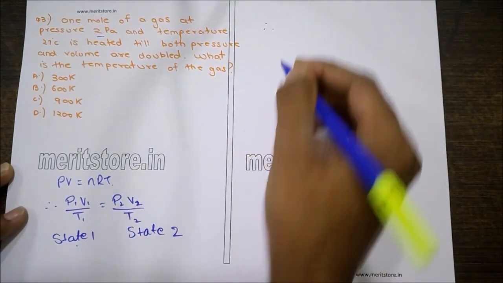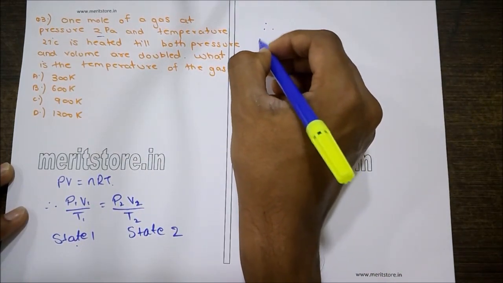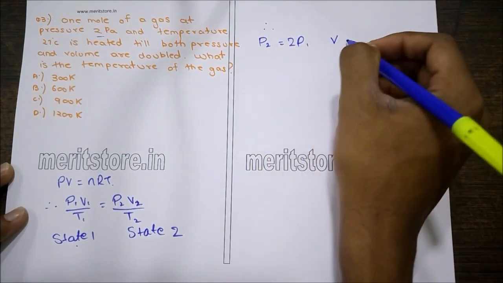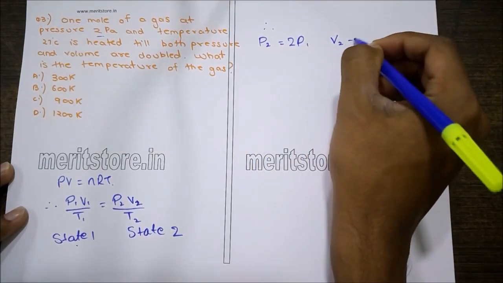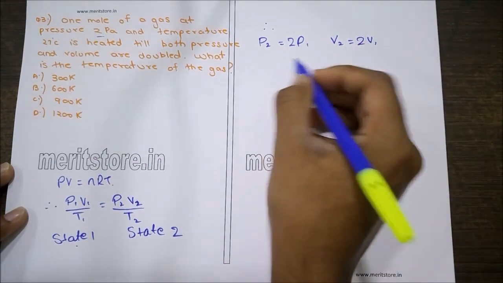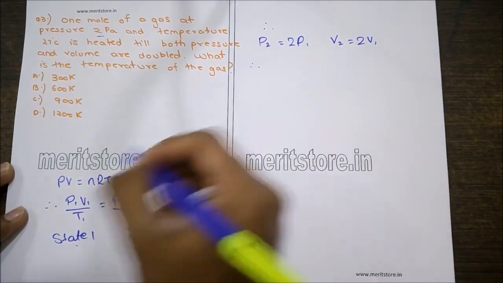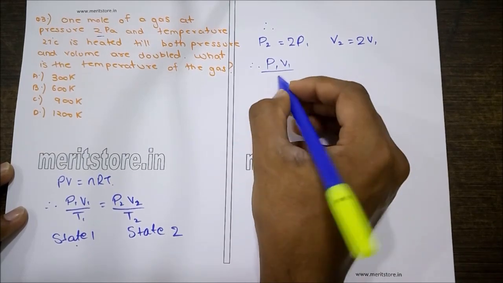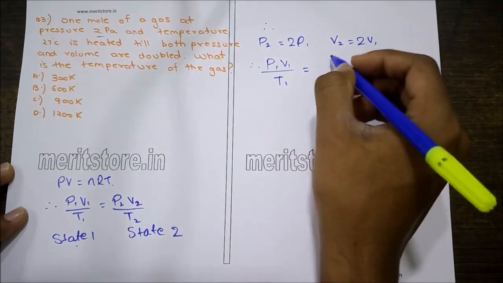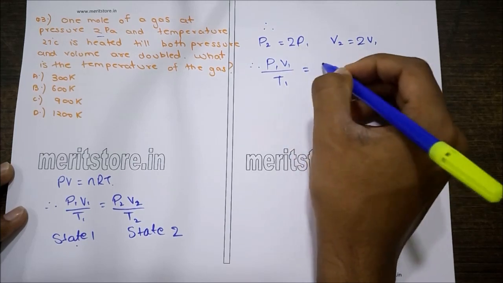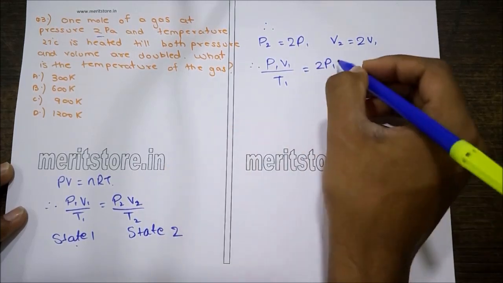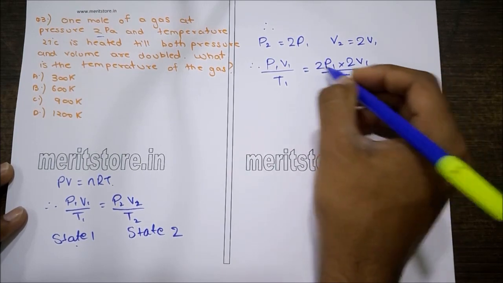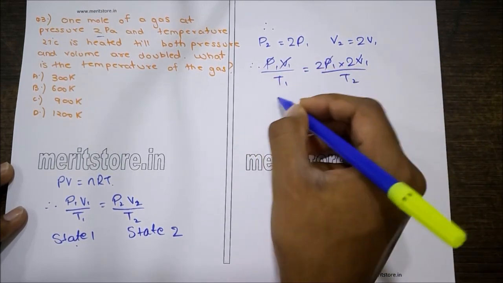Now since they have given pressure is twice and volume is also doubled, substituting these values, we get P1 V1 upon T1 equals P2 can be written as 2 times P1 and V2 can also be written as 2 times V1 upon T2. So these get cancelled out.